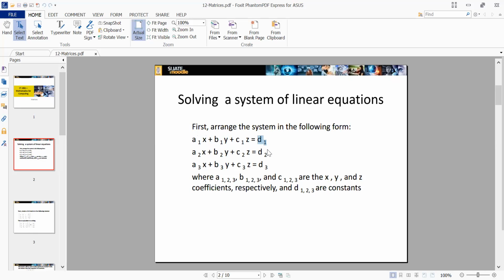It can be d1, meaning any number: 1, 0, 10, negative or positive.